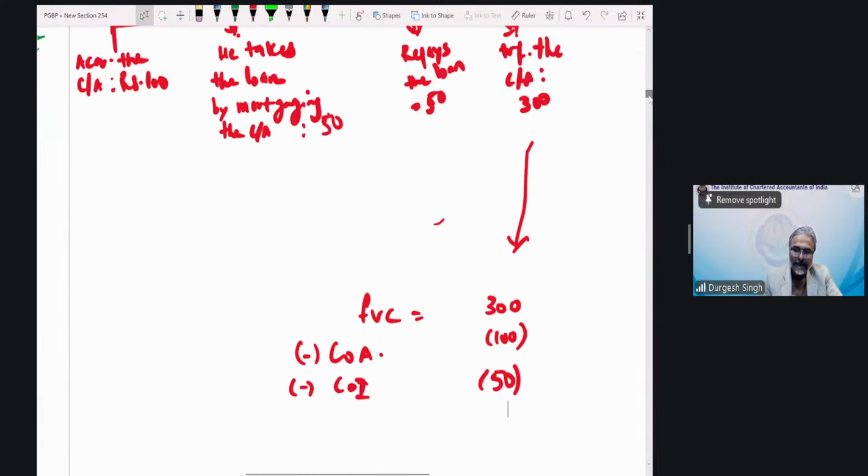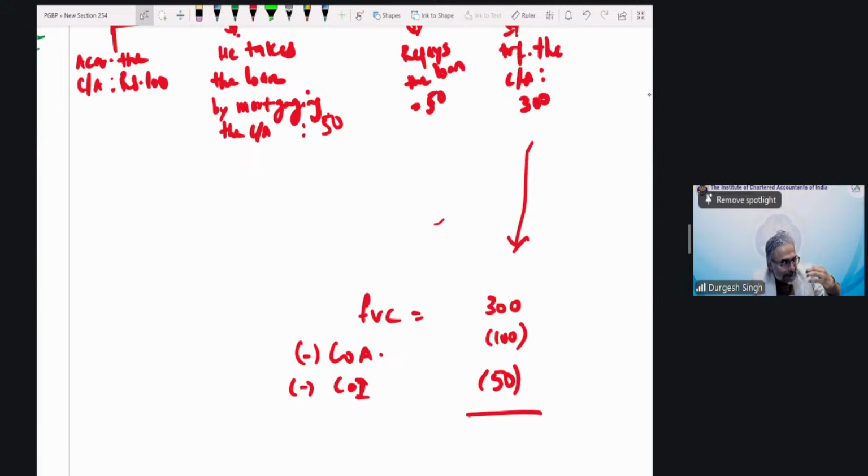He is reducing 50 in respect of the loan that he has repaid. He says that I am improving my title, because the loan has diluted my title.